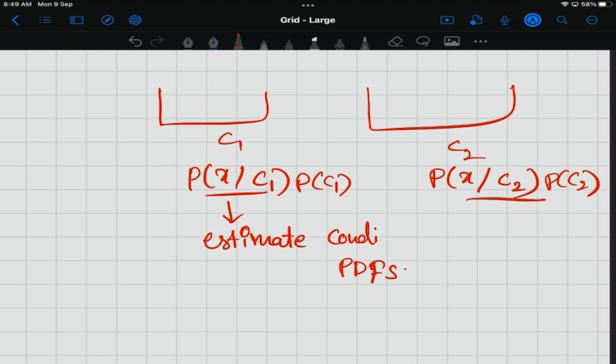Okay. So whenever you assume these priors P of C1 and P of C2 to be uniform, you ignore your priors. Then that comes under your MLE estimate, or maximum likelihood estimate. Whenever you consider priors, that is, you have some knowledge about P of C1 and P of C2, that becomes your MAP estimate. Have you heard of MAP estimation, MLE estimation?